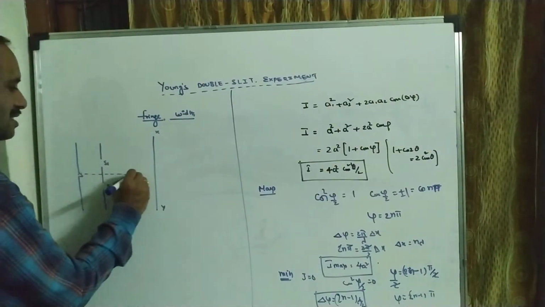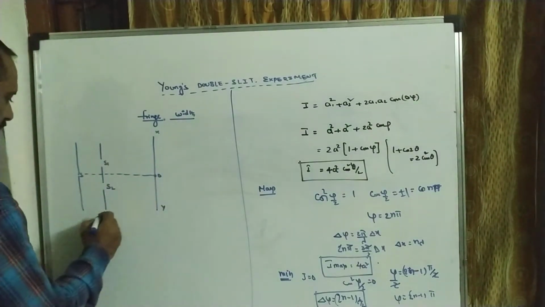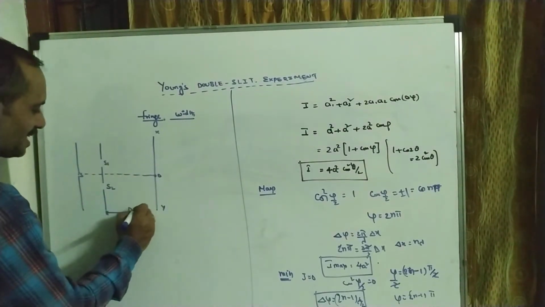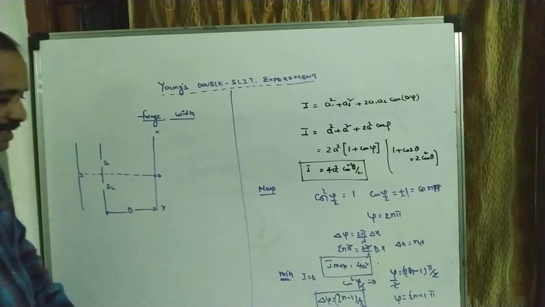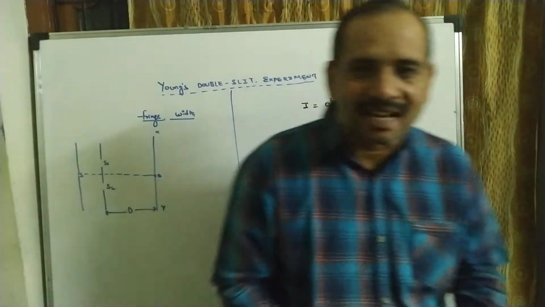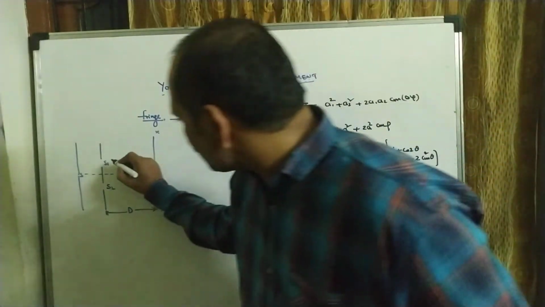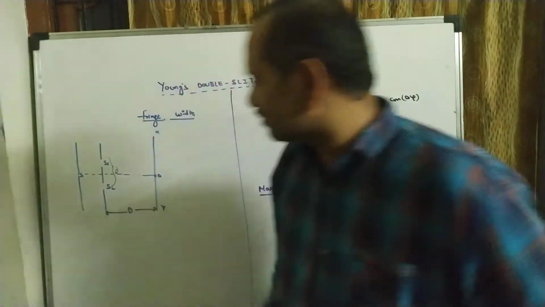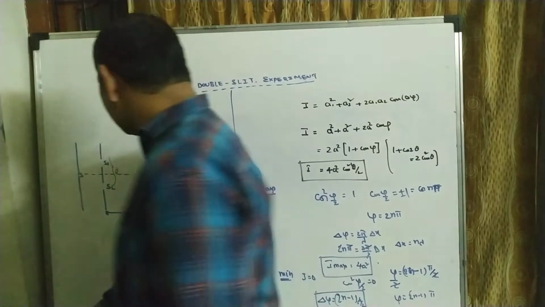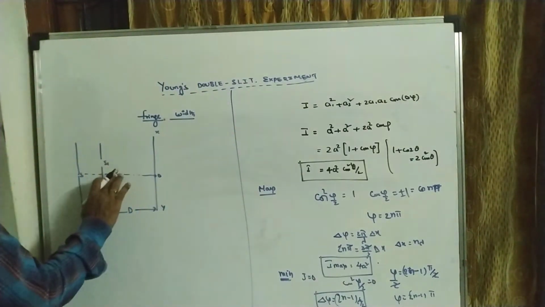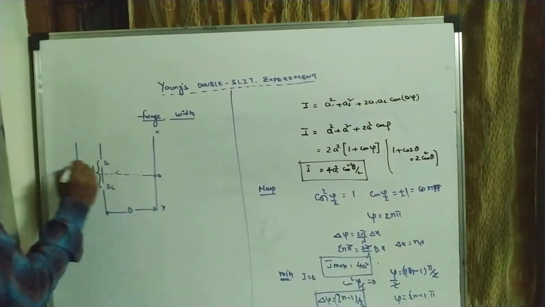O is the center of the screen. Distance between the slits and screen is capital D. And distance between the two slits is small d. Try to understand me, this is small d.